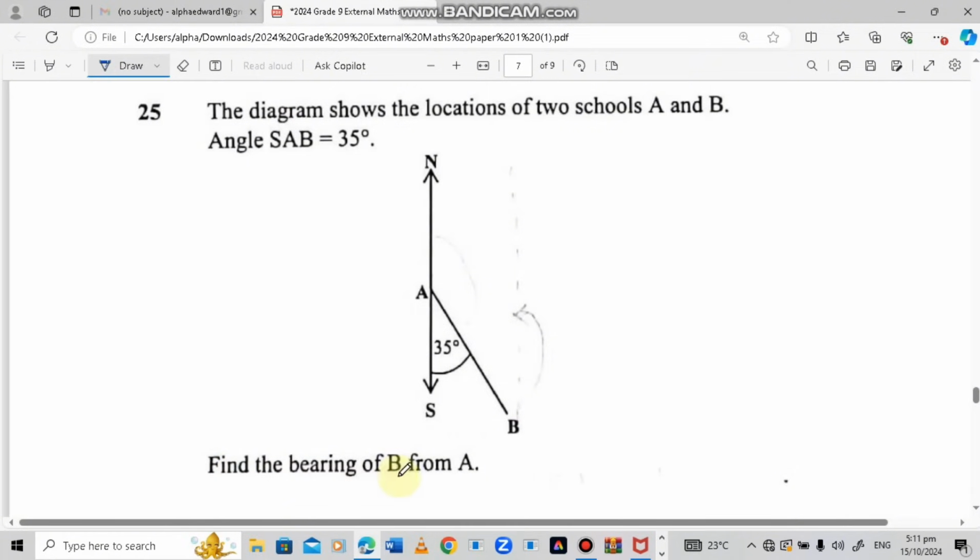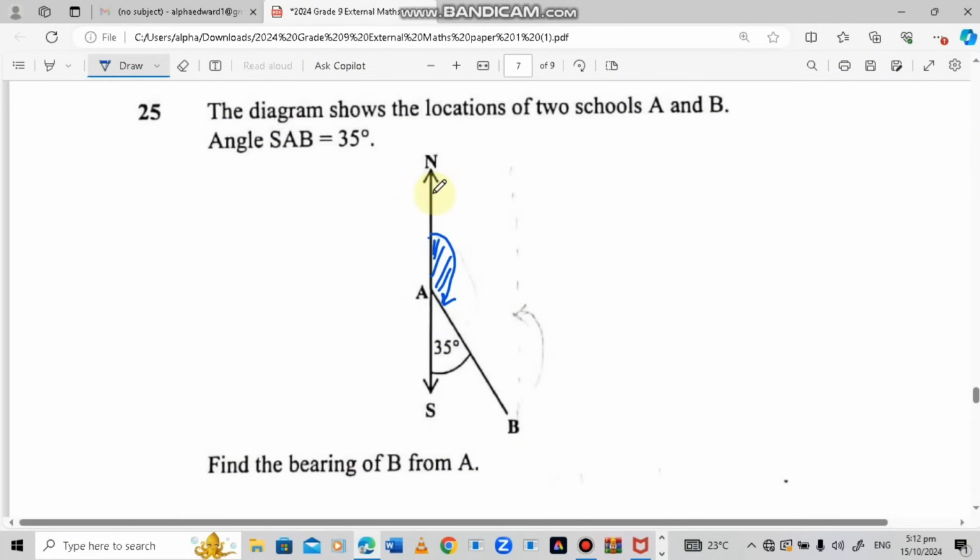Find the bearing of B from A. When they say find the bearing of B from A, they want you to find the bearing of school B whilst you are standing at A. The bearing is measured clockwise from the north. So this is the north, N. We move clockwise until we meet the line that connects A and B. So the bearing they want you to find is this one.